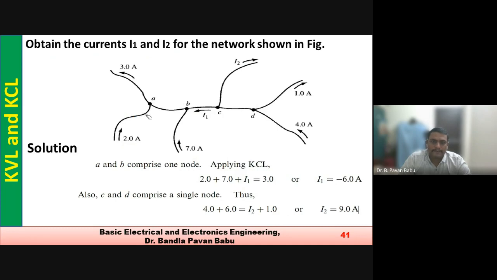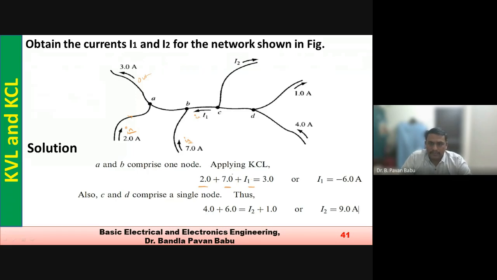Okay, so this is incoming and this is outgoing. This is incoming, 7 amps is also incoming, and I1 is also incoming. So 2 is incoming here, 7 is also incoming here, and I1 is also incoming, which is equal to 3 amps.